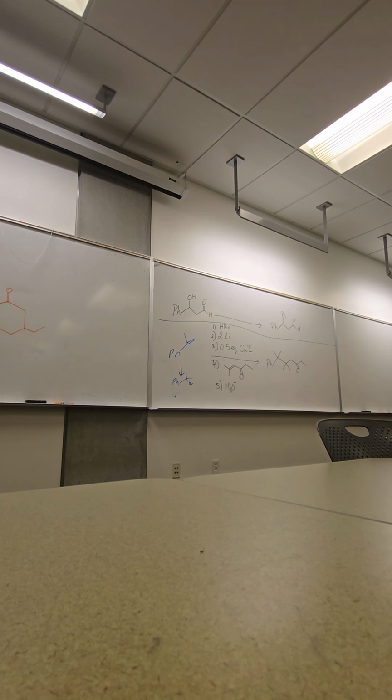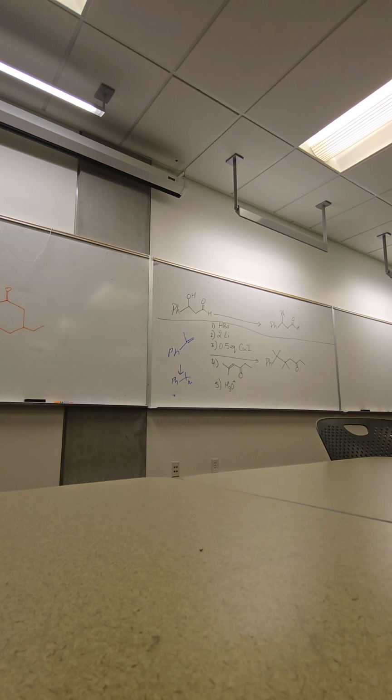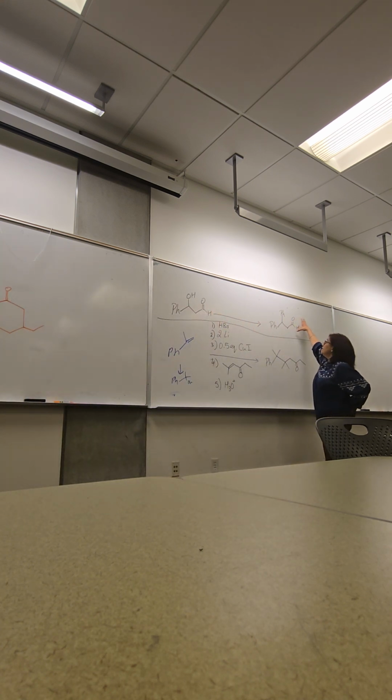How do we replace an OH? We're taking out an OH for a phenyl. First of all, you can't use Grignard if there's OH somewhere. Remember, you can't have Grignard with a proton. Secondly, Grignard does not substitute. Secondly, Grignard would go here, but that stuff is still there.